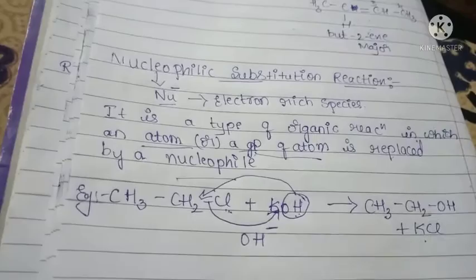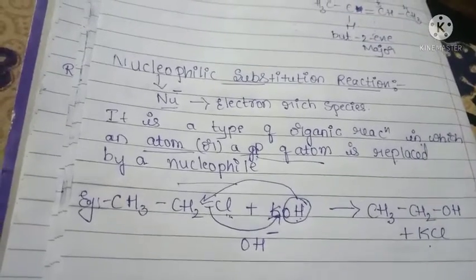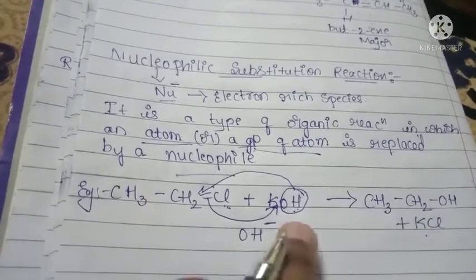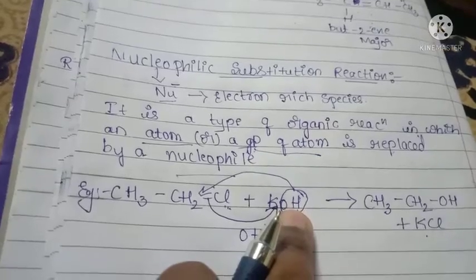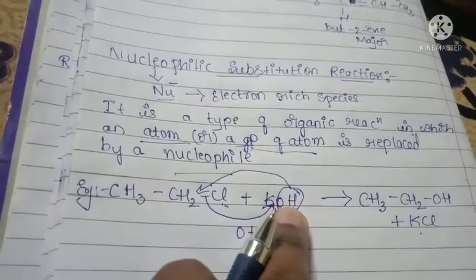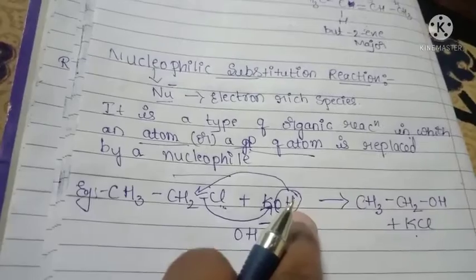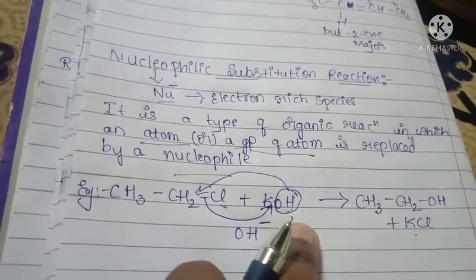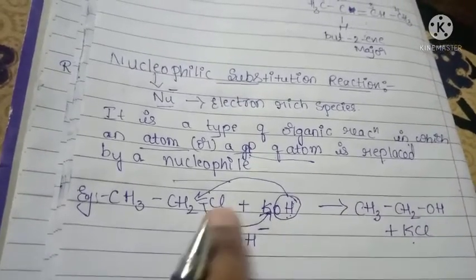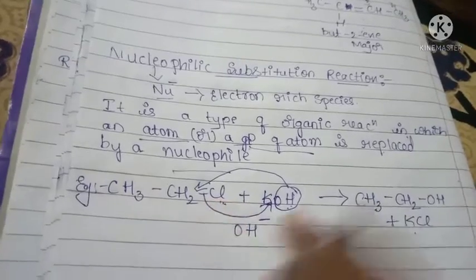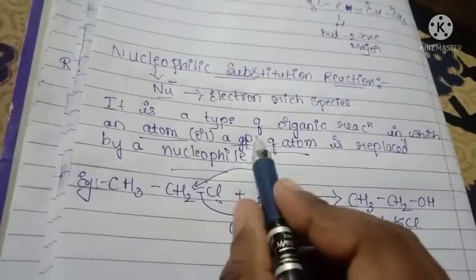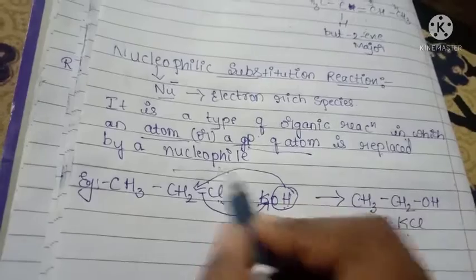In the above example we know that the hydroxyl ion from the base, potassium hydroxide, is added and OH minus acts as the nucleophile, and the chlorine atom is removed. This is called the leaving group. You know that the atom or group of atoms is replaced by the nucleophile.